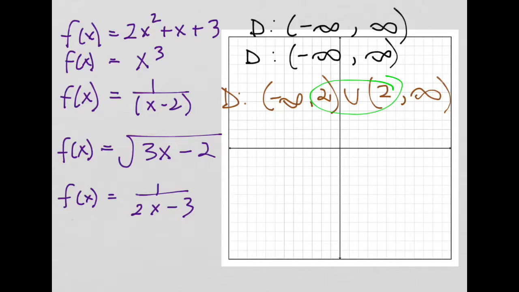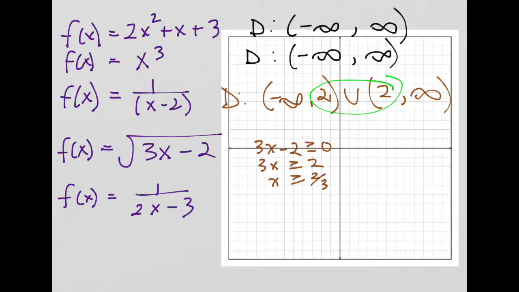All right. Now, on the fourth one, we've got a square root function, and we know that underneath you cannot have a negative number. So your 3x minus 2 has got to be greater than or equal to 0. So that means 3x has got to be greater than or equal to 2, x has got to be greater than or equal to 2/3. All right. Let me just make a quick sketch here for you of what this would look like.